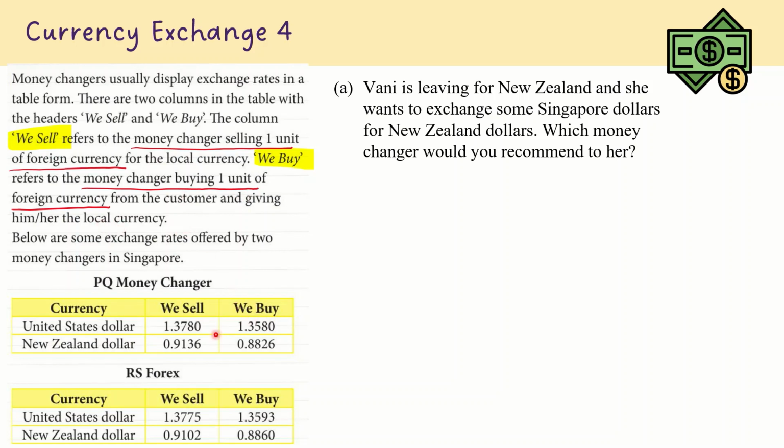So for this PQ money changer, under the we buy column, they are buying 1 United States dollar for the price of 1.3580. That means that if you have United States dollars and you give them to them, they will actually pay you 1.3580 Singapore dollars. So I hope that you now understand what we sell and we buy actually mean.